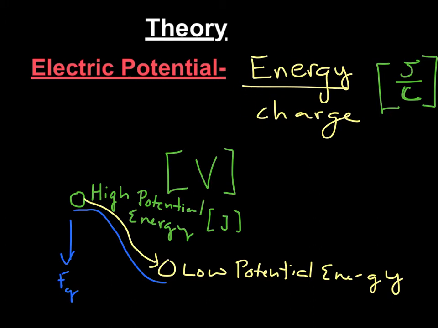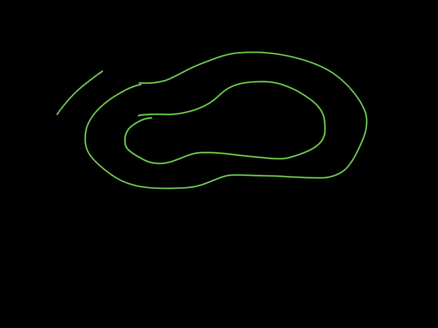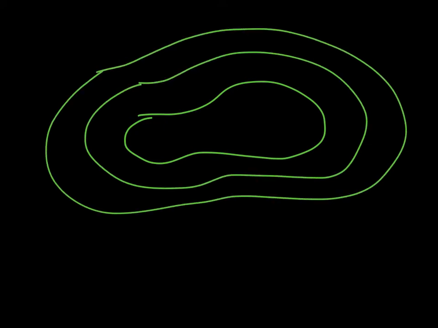So if you think about this, let's draw something real quick. You ever seen a map that looked like this? And we call this a contour map. And each of these lines is an equipotential line.